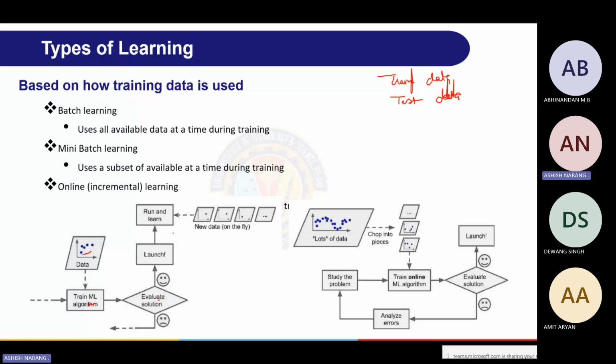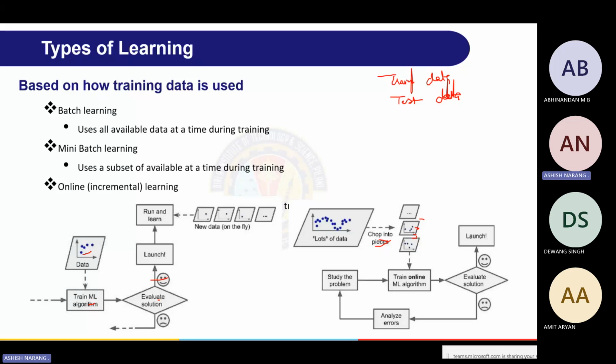On the right side, what you see is when I have lots of data, this is about mini batch learning. So I am going to divide my data into pieces. I'm not going to feed all the data. I'm going to train an algorithm, obviously for which the problem has to be studied first.